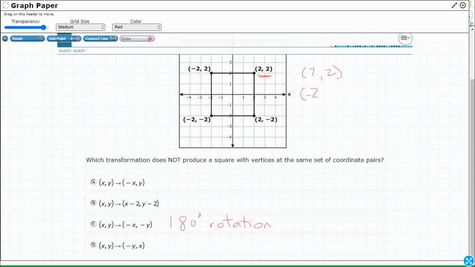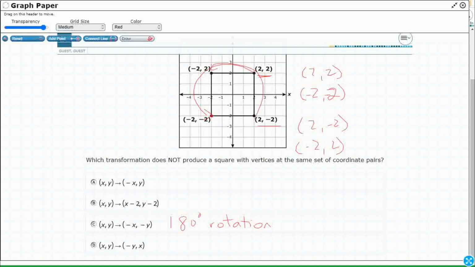That's going to end up being negative 2, negative 2, which flips it around to right there. See that rotation? I could take this one right here. It would be 2, 2, negative x, negative y makes it negative 2, negative 2. And it goes right up there. So everything just rotates around.